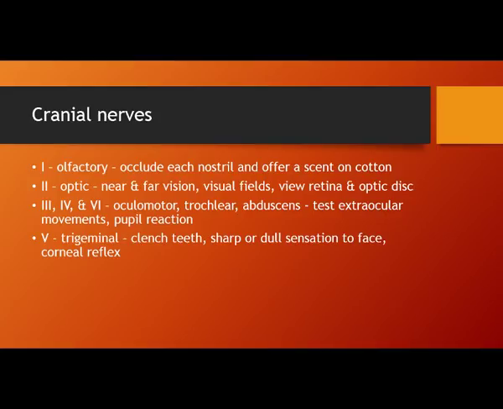Then cranial nerve number 5, the trigeminal nerve, we ask the person to clench her or his teeth, and it has 2 parts. It has a motor part and a sensory part. So to assess the sensory part, we could have them test sharp and dull sensation on the face.